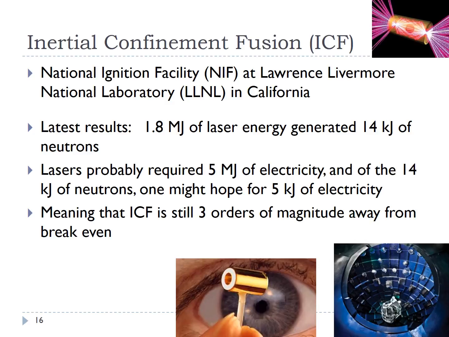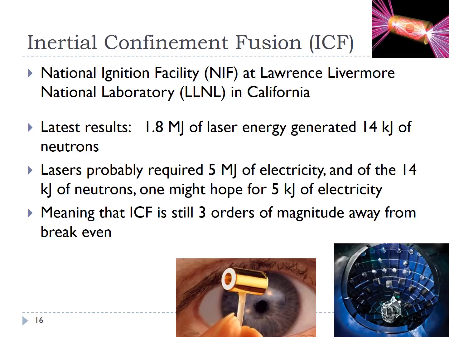I do want to talk a little bit about inertial confinement fusion, but mainly because this is one of those ones where it gets a lot of hype sometimes, and I just want to point out inertial confinement fusion is mainly a means for testing fusion weapons, but sometimes it gets sold as an energy technology of the future.